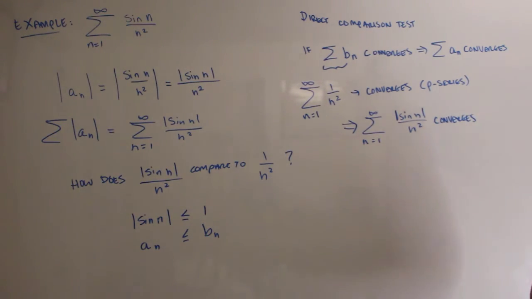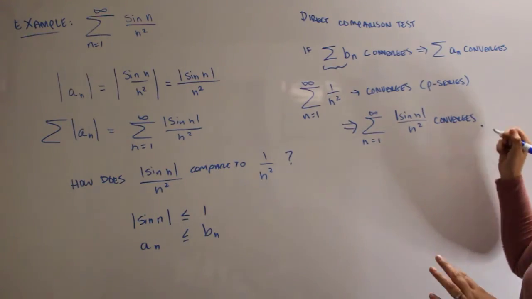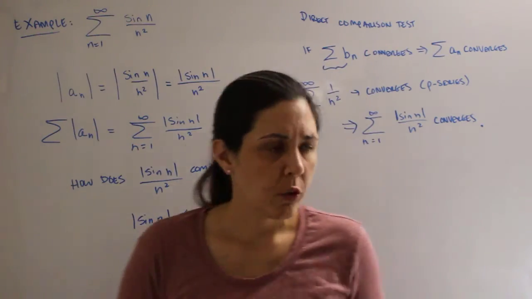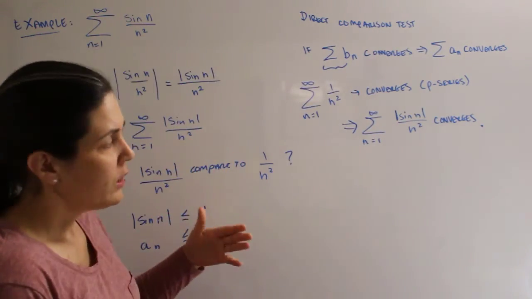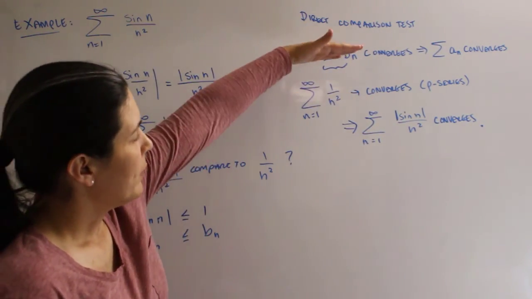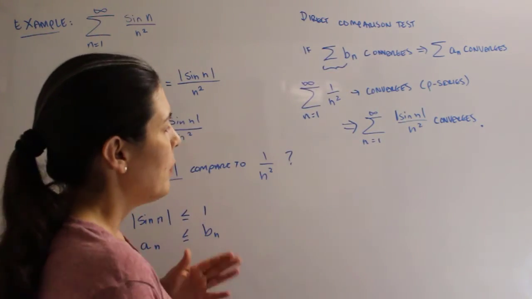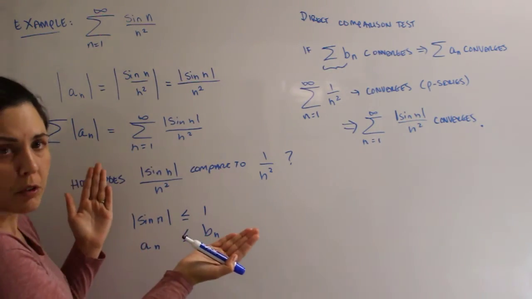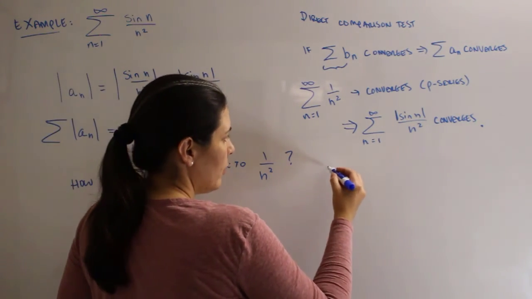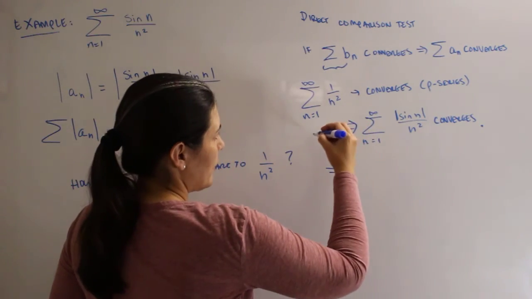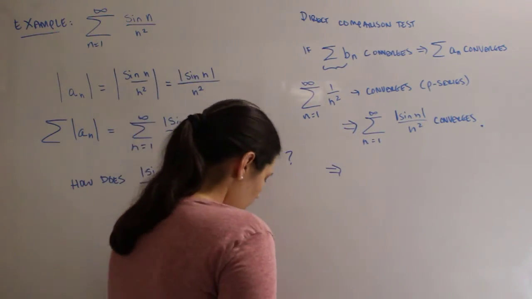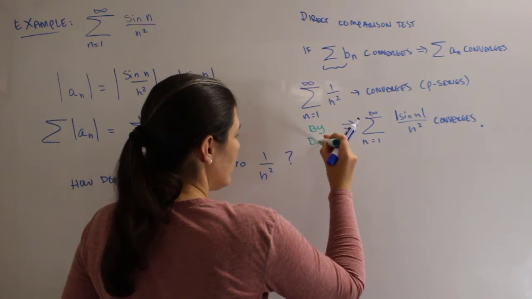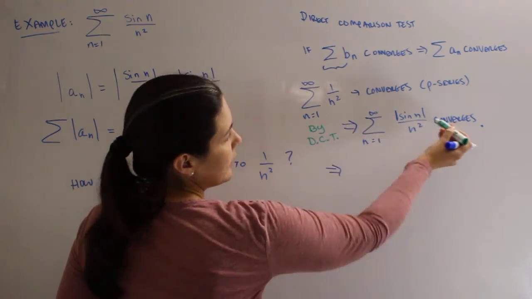Okay. All right. So before this section, that would have been the end of the problem. When we were learning the direct comparison test, we just compared two series, and if the bigger one converged, the smaller one converged. But now we have to go back and do an extra step because of how this one started. We were using the absolute value test. So let's add this in here. This one was by, let's just abbreviate, the direct comparison test. This was true.